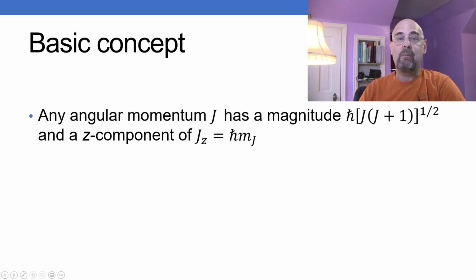It can be the angular momentum of rotation of a molecule. It can be the angular momentum of rotation of an electron in an orbit. It can be the nuclear spin. It can be electron spin. Any angular momentum is going to have a magnitude of h bar j(j+1) to the 1/2 and a z component of h bar m sub j.